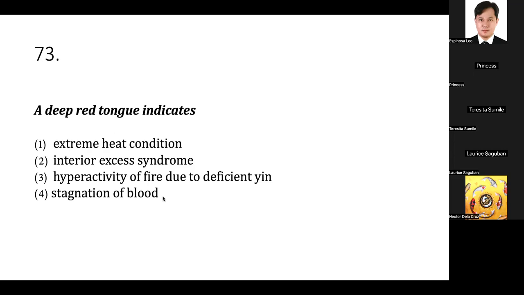A deep red tongue indicates extreme heat condition, interior excess syndrome, hyperactivity of yang due to deficiency, and number 4, stagnation of blood. Except number 4, Doc. A deep red tongue indicates everything except stagnation of blood.